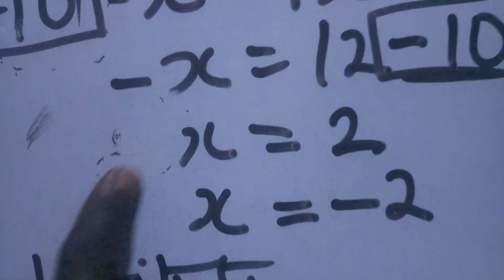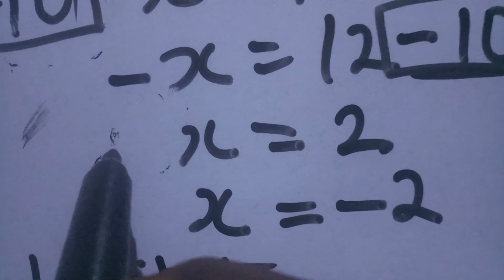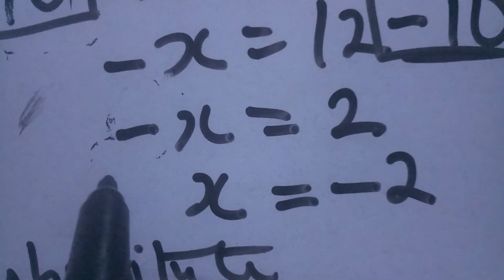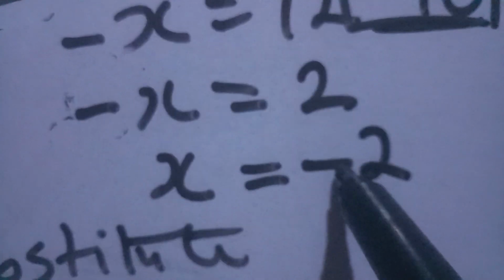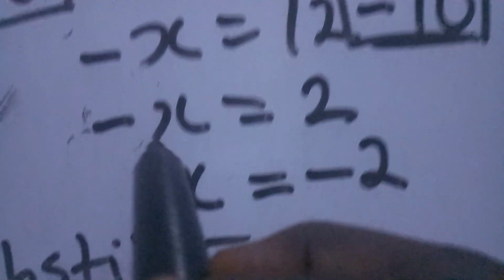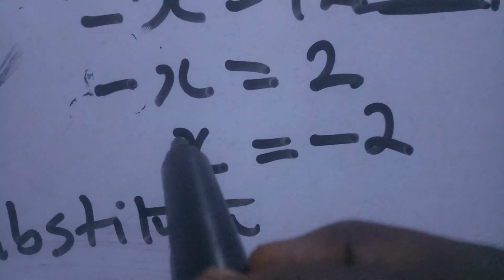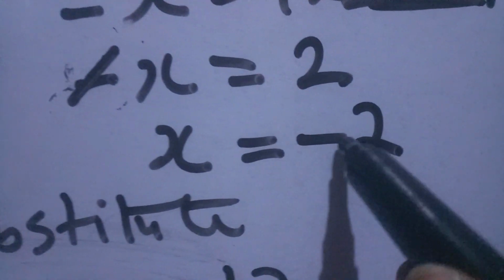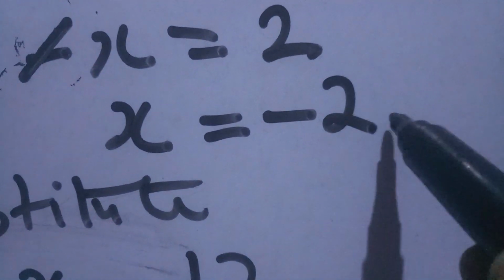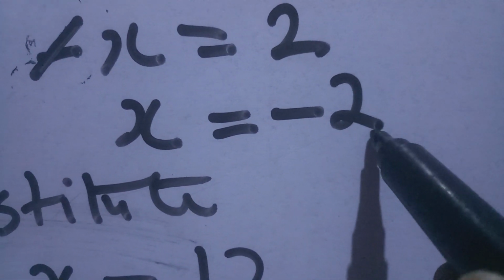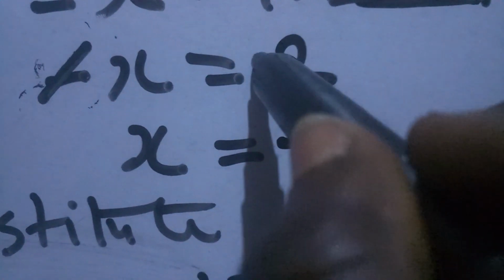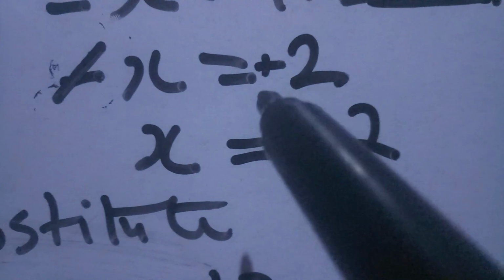Since our x is carrying negative, you just remove the negative and let your answer carry the negative, not the variable, not the alphabet. So you just remove it, and your answer will be minus 2. As long as your result is positive, it works.